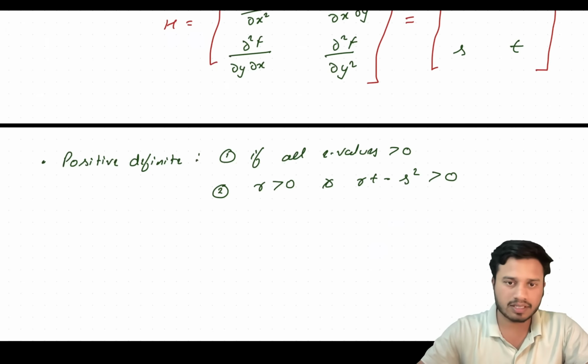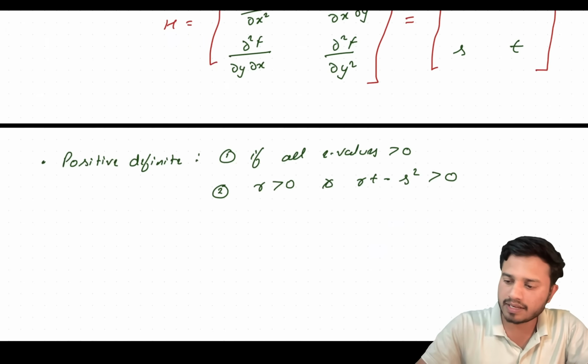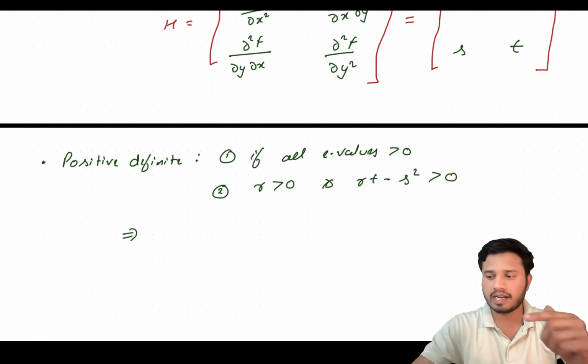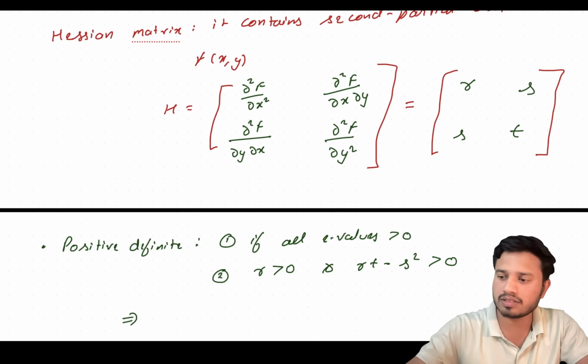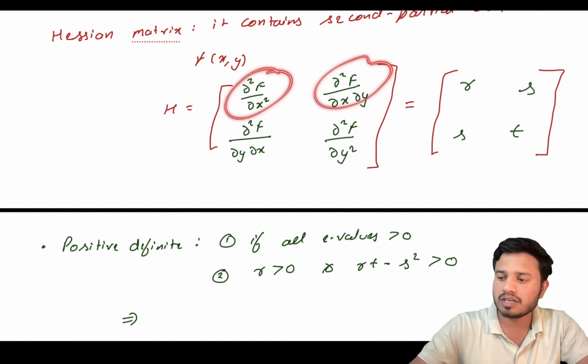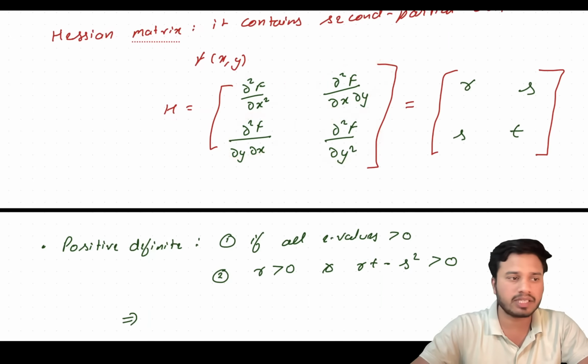If these two conditions are satisfied, we say that the point at which this Hessian matrix was calculated is a local minimum. The derivatives are calculated at the critical points; they are not unknown variables.